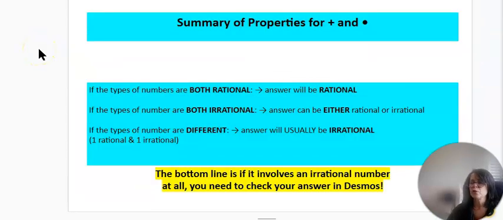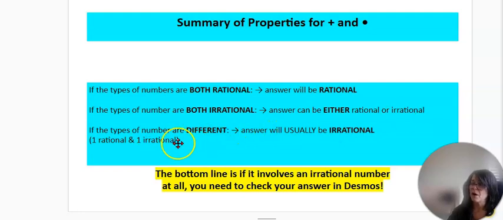So there are some rules for properties of adding and multiplying rational and irrational numbers. If they're both rational, there's no question. Your answer is going to be rational. If they're both irrational, and you're either multiplying them or adding them, the problem is it could go either way. It might be rational, it might be irrational. You're going to have to check on the calculator.